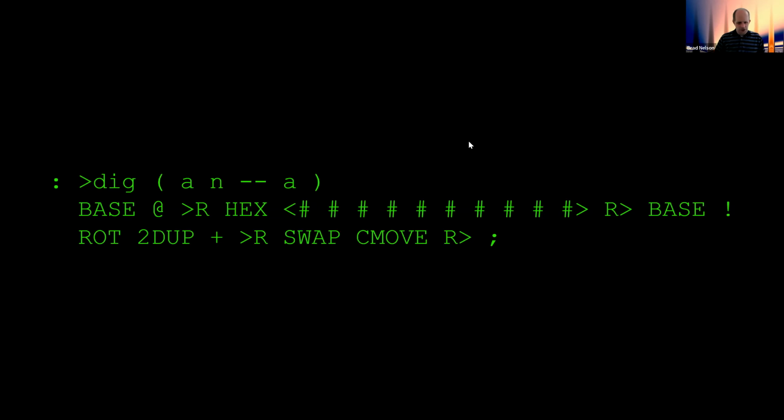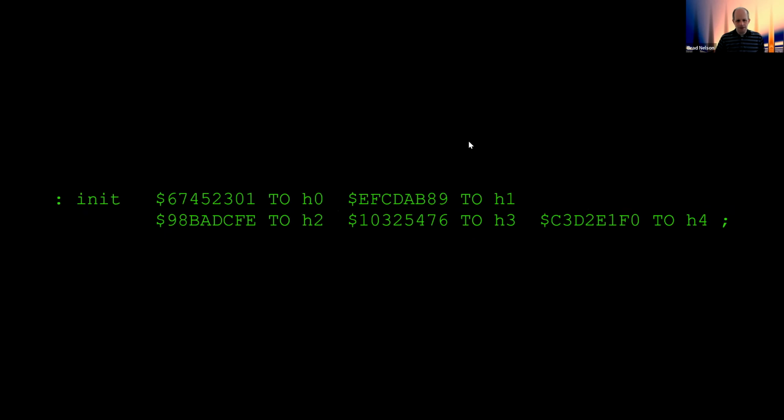I've got a convenience word for extracting one word's worth of digits for emitting the digests. And then there's some initialization to arbitrary magic values. They're not actually magical in the SHA algorithm.